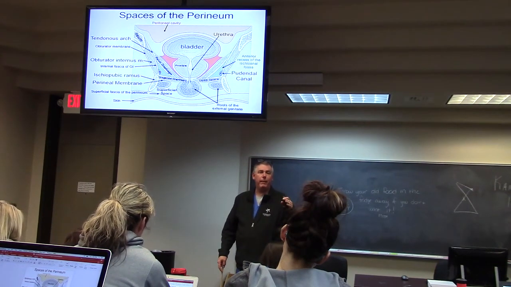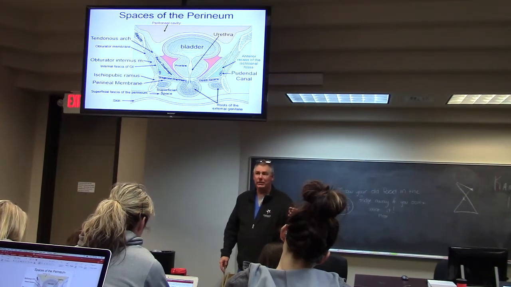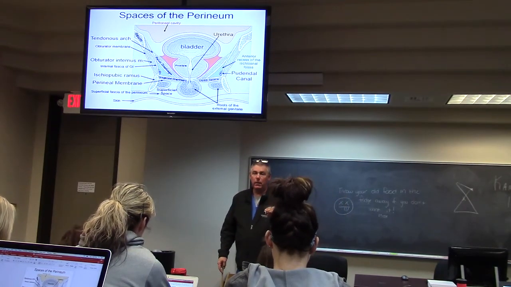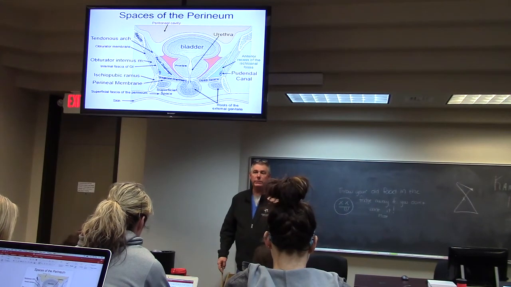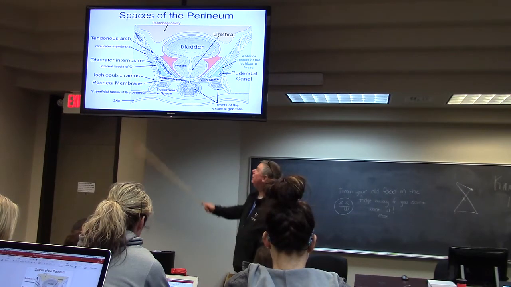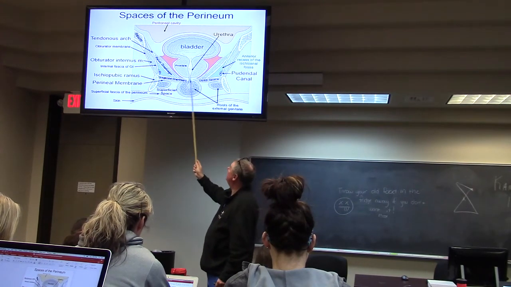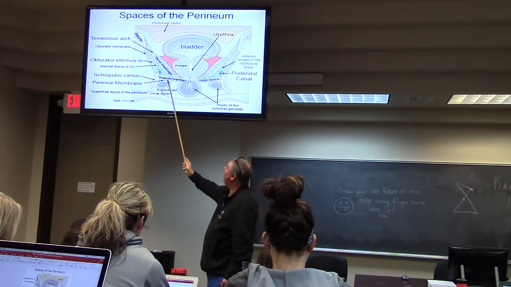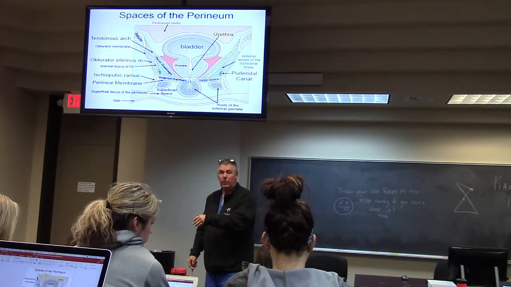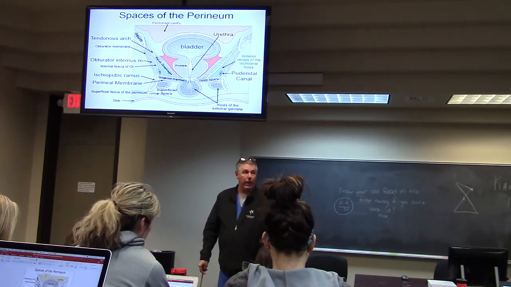Now the UG diaphragm has a membrane on it, a fascia, above it and below it. That creates a space called the deep space. So the deep space actually contains the UG diaphragm, which is made up of the deep transverse perineus muscle and the sphincter urethrae.